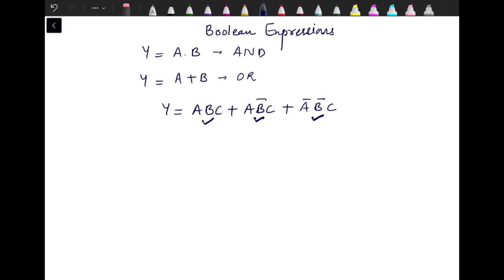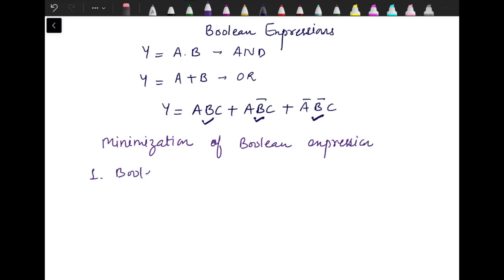There are two ways to minimize the Boolean expression. One is use of Boolean algebra, which will have some laws and rules.